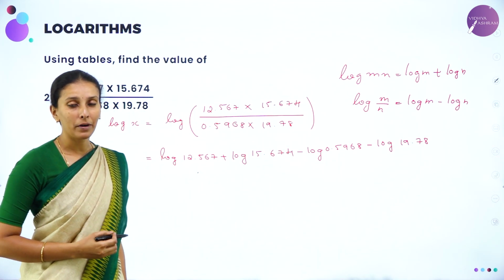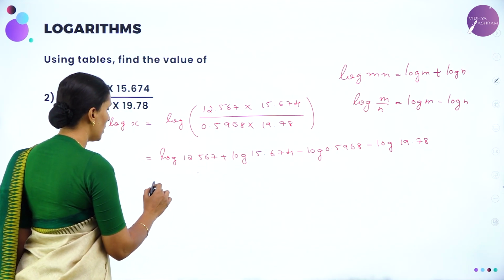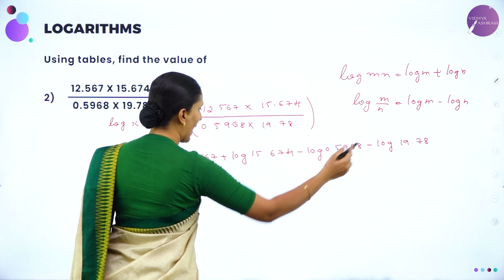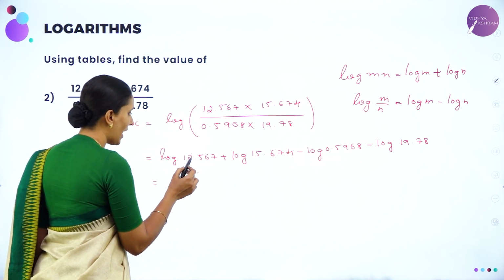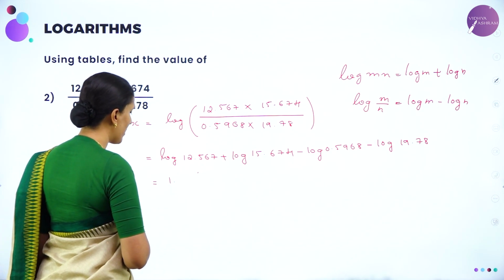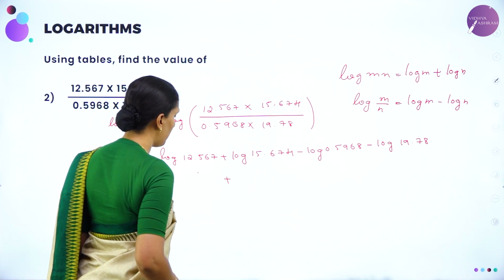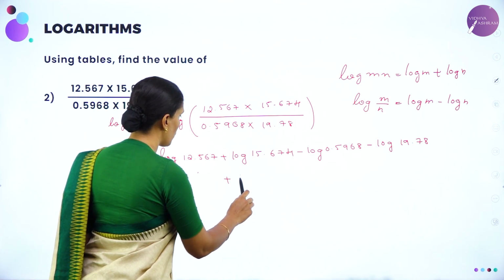Now as we did in the previous problem, with the help of logarithmic table, find the values. Now first let me decide the characteristics of these numbers. So we have two digits before the decimal point. So therefore the characteristic is 1 here. Next we have two digits before the point here. So again the characteristic is 1 here.